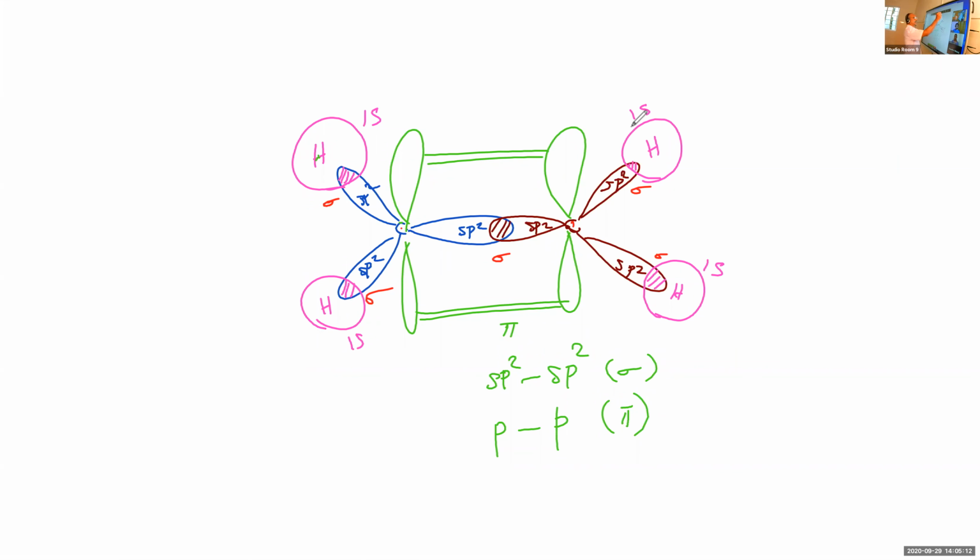This can be shown in another way, like this. Here there is the carbon atom, and here there is a second carbon atom. There is a sigma bond by sp2 overlap. And here there is a hydrogen atom, another hydrogen atom, the third hydrogen atom, and the fourth hydrogen atom. All these are sigma bonds.